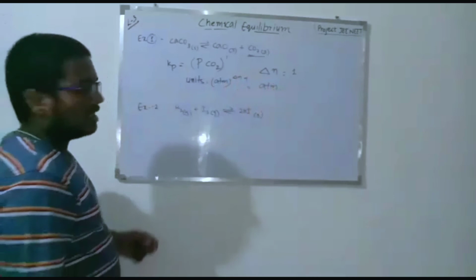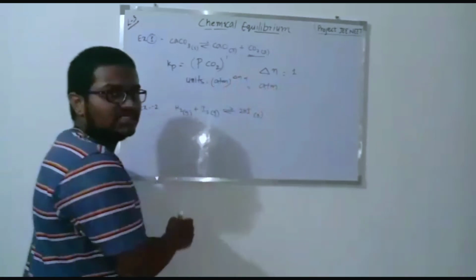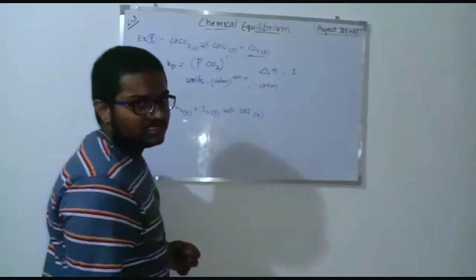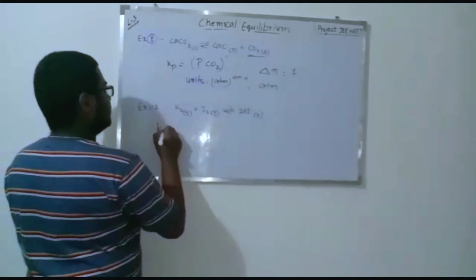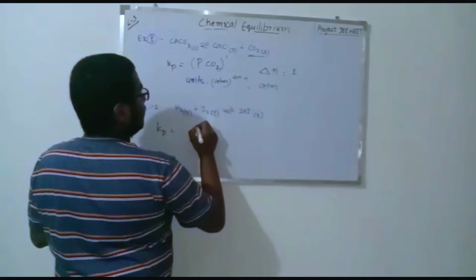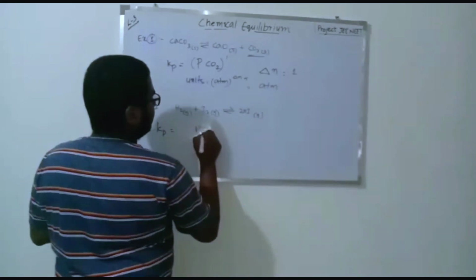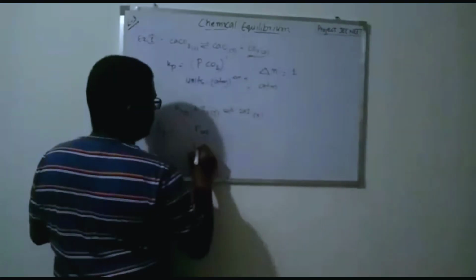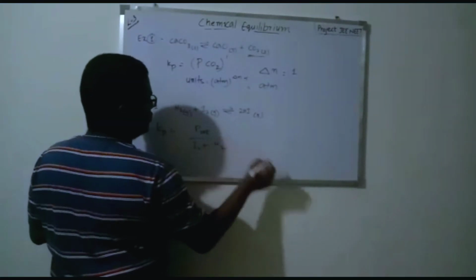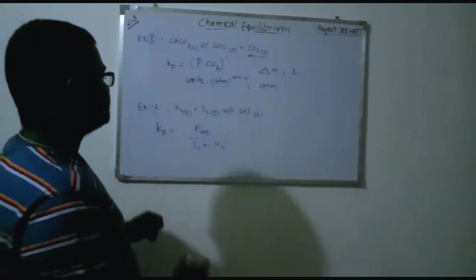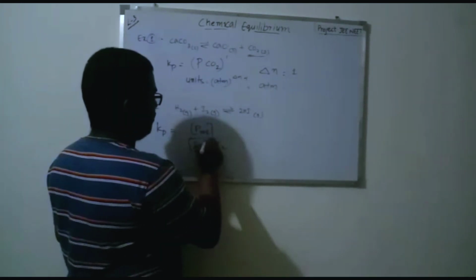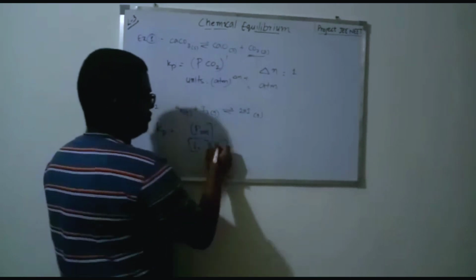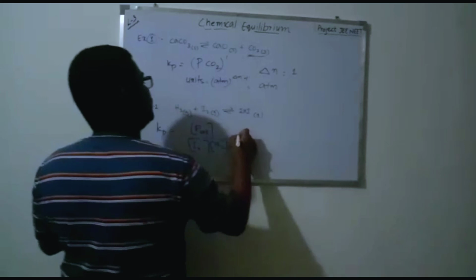Coming to the next example, H2 in the gaseous phase plus I2 in the gaseous phase, reversible arrow 2HI in the gaseous phase. Kp is expressed as the partial pressure of HI squared divided by the partial pressure of I2 into the partial pressure of H2. Now let's go to the units.